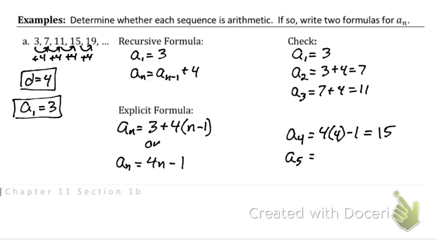Our fifth term would be 4 times 5 minus 1, which would be 20 minus 1, which is going to equal 19. So both of the checks worked out. Both of my formulas are correct. It's a good method to do in case you kind of forgot. If you get to the test and you're like, I don't remember, is it the d that comes first or the a? Try both of them, check your answer, and see which one works.